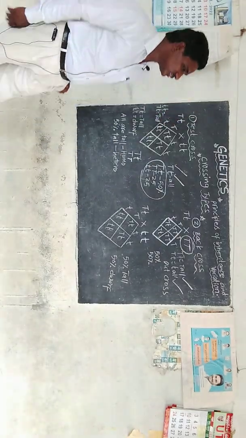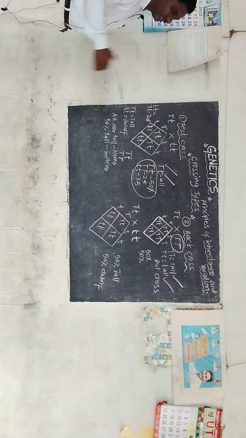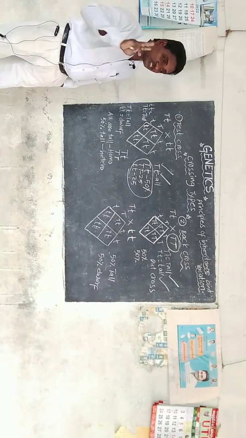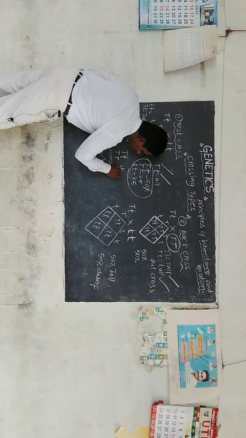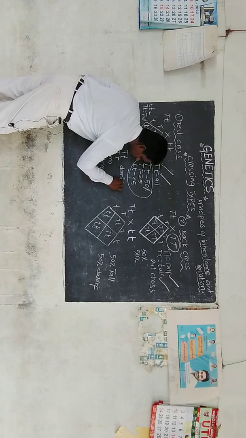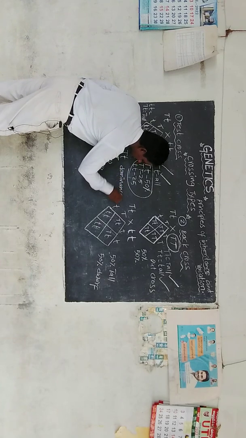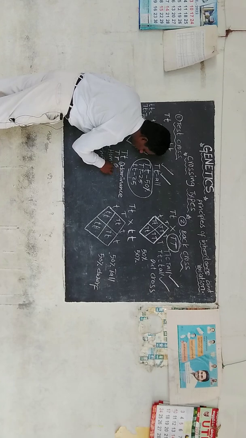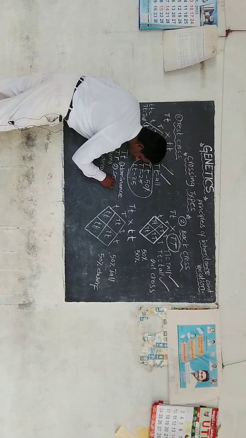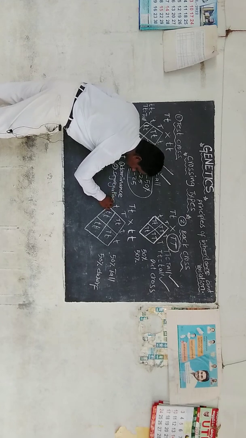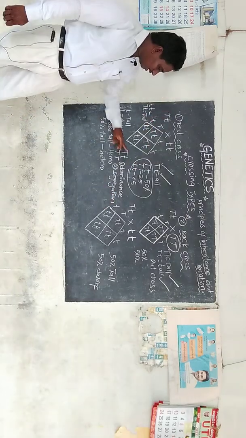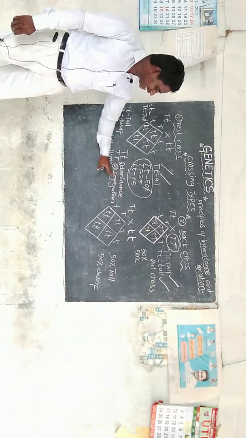What are the two laws? The first one is law of dominance and the second one is law of segregation.